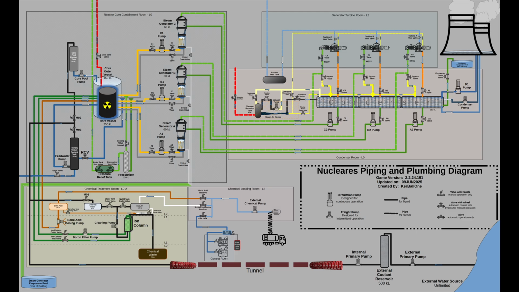Then you have the condenser room, level 0, which is on the same floor as the reactor core containment room. And then you have the chemical treatment room, which is level 0 to 2. And the chemical loading room, level 2. So level 3, level 0 and 2, level 0 and level 2.